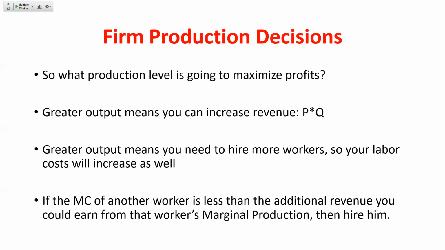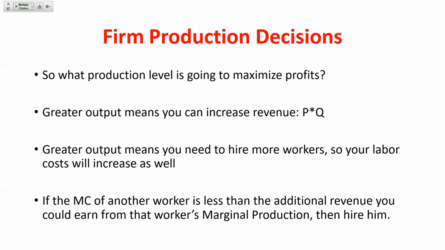So whatever the equilibrium price is for that good is essentially telling me my marginal revenue, right? Each additional unit I sell, the increase in revenue will just be whatever the price of that good is.